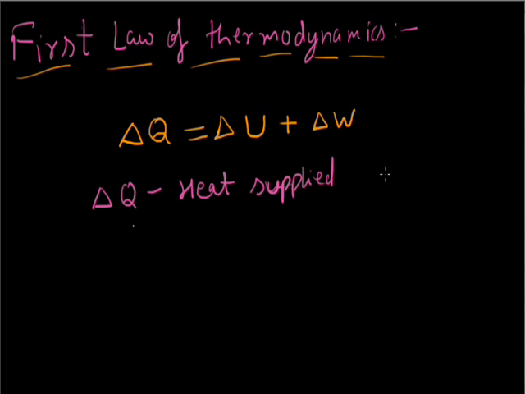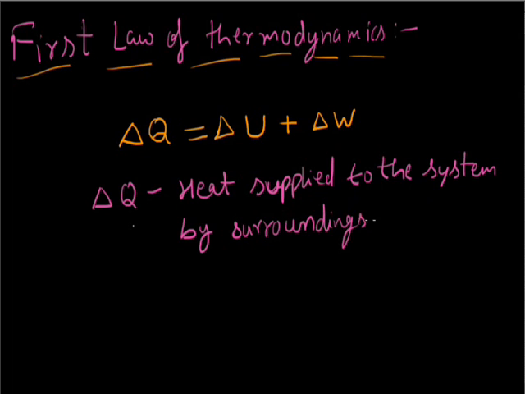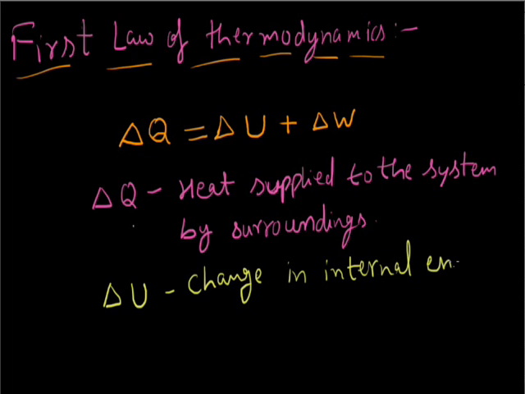Here delta Q is heat supplied to the system by the surroundings. Delta U would be the change in internal energy of the system.